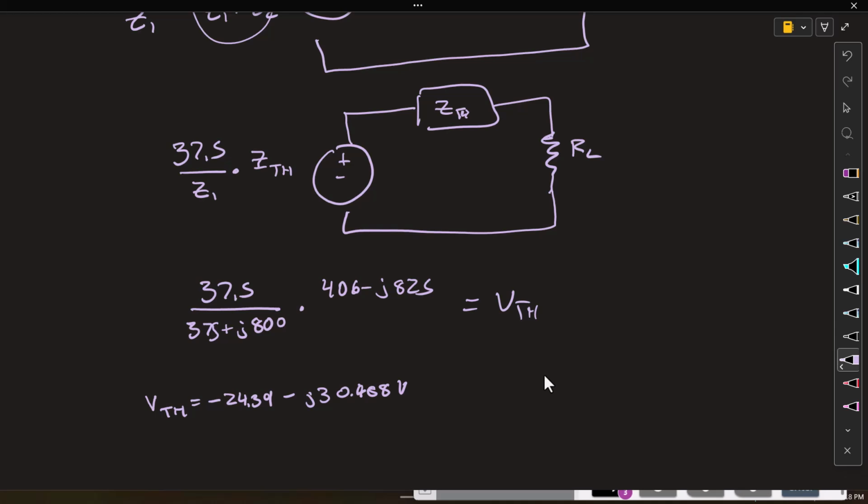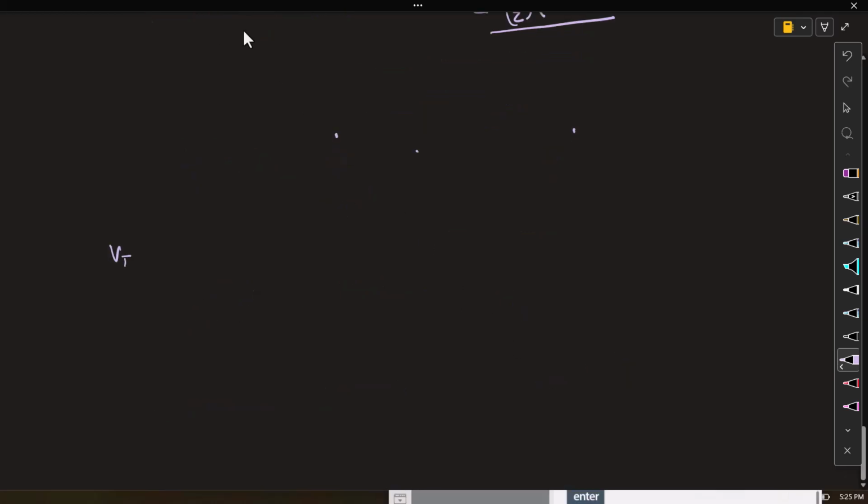So remember, power is 1/2 V I conjugate, where V Thevenin is minus 24.39 minus J30.488.